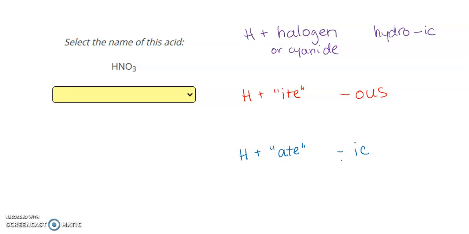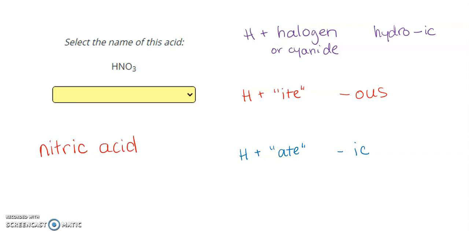So that's going to be nitric, and then write acid. The name of this is nitric acid. It's not hydronitric acid, not nitrous acid, nitric acid, because nitrate gets changed to nitric and then add acid.